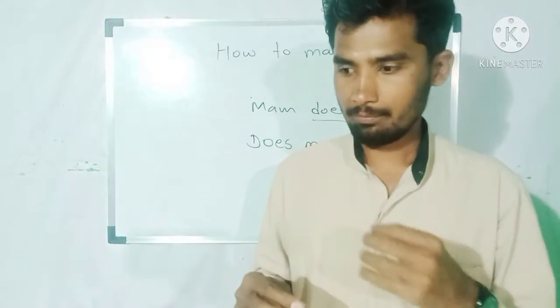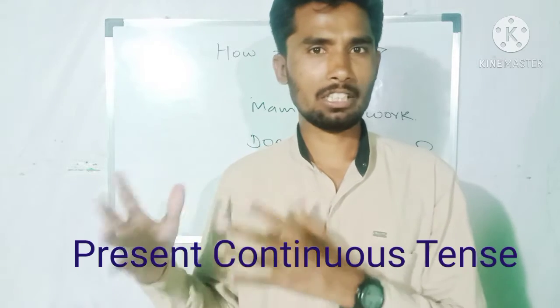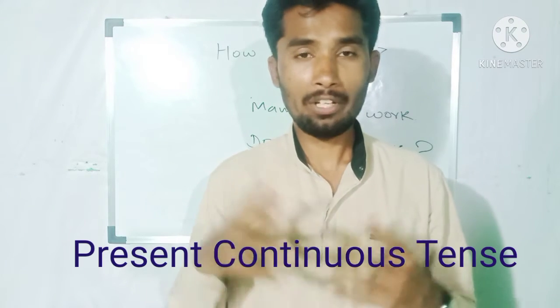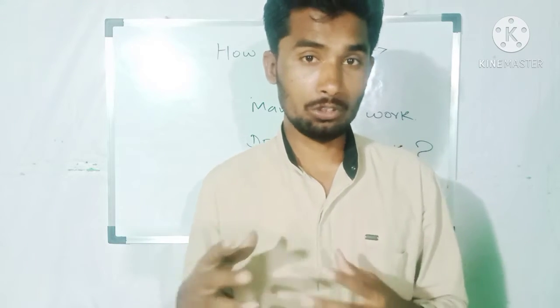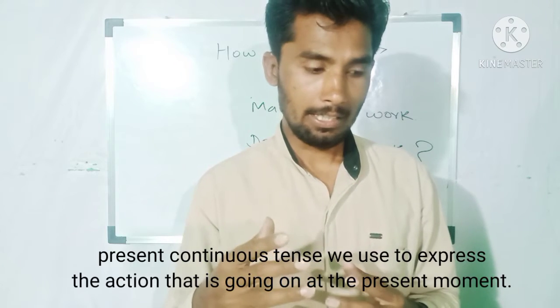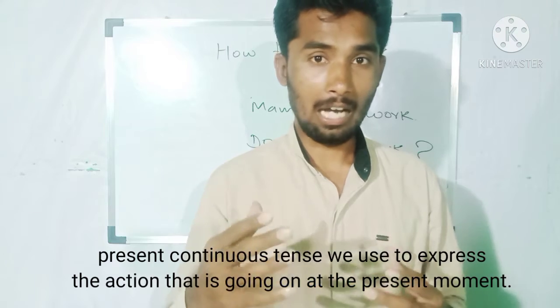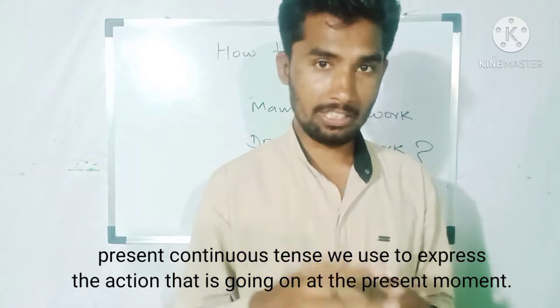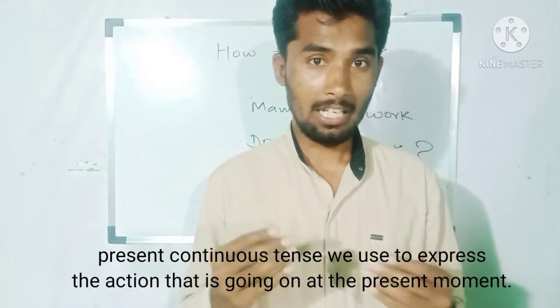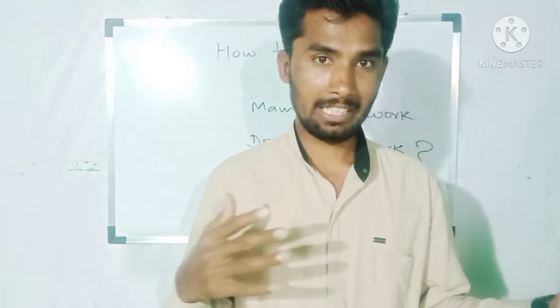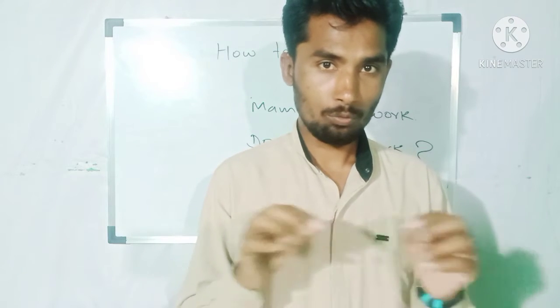So okay, if I talk about present continuous, we use this tense to express those actions which are going on. Like I'm speaking and you're listening, this is the running action, this is a going on and continuous action, it has no full stop.